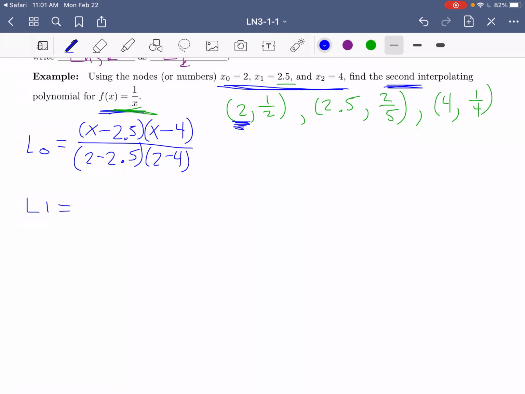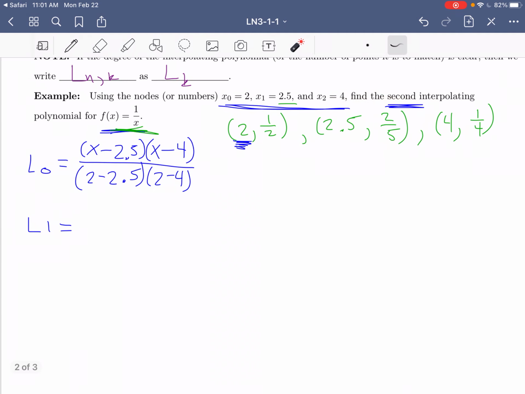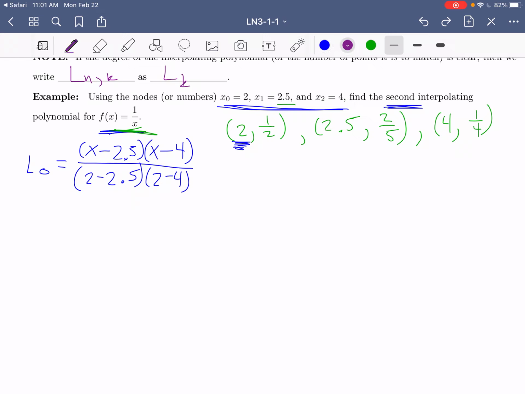L1, instead of skipping the first point, this time we skip the second point, or the point that's associated with x1 for L1 is the one we're going to skip. And so here we have L1 of x is equal to x minus 2 times x minus 4.